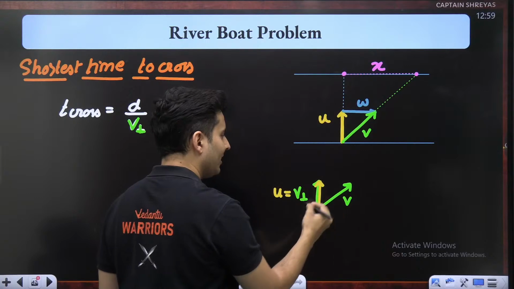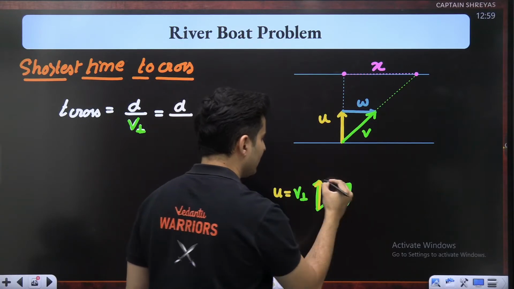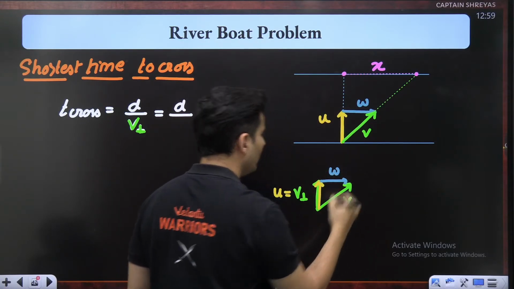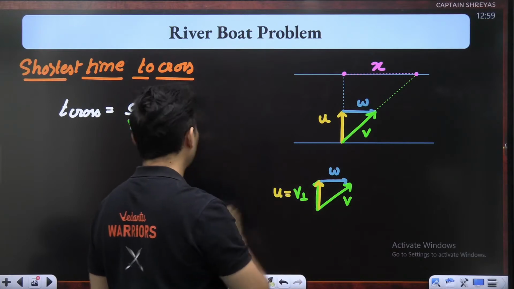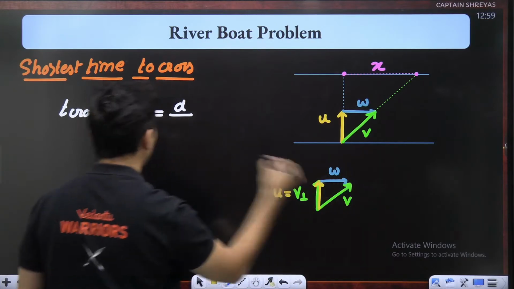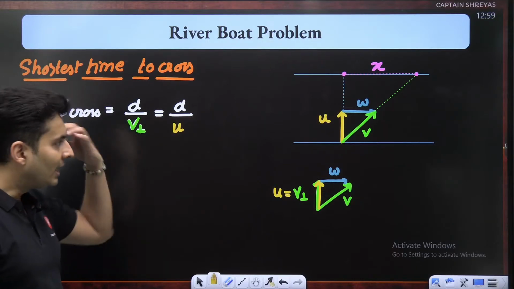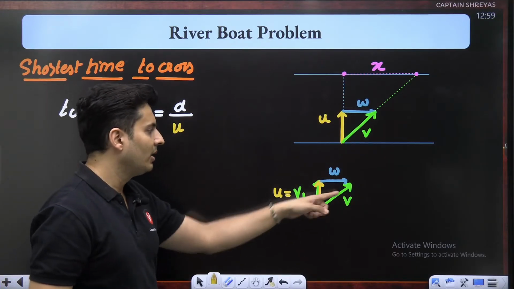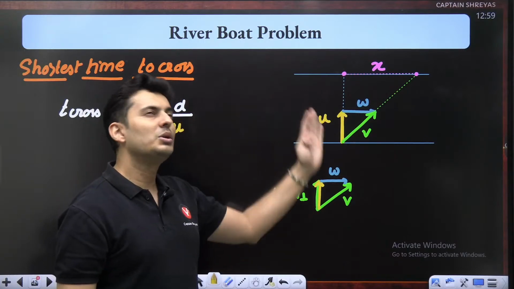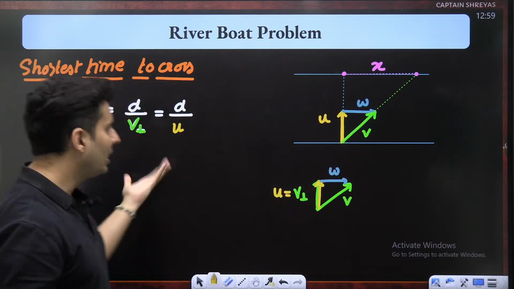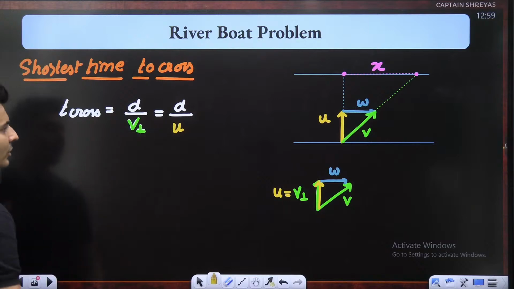Think about it, correct? Because this is just simply put w. So v perpendicular is u, so you will just put over here u. Will you by heart this? No. You will understand it. Okay, this triangle is formed. The perpendicular velocity is u only because water was not contributing at all. That's it. That's the time taken to cross.